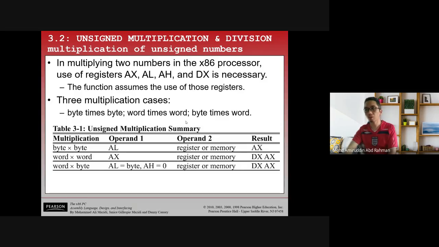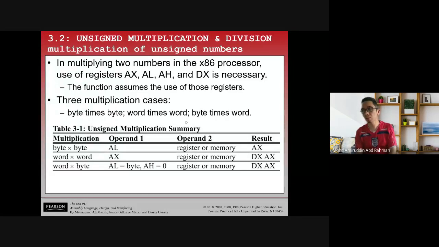When we have byte times byte, operand 1 is AL, the lower byte of register A, and operand 2 can be either register or memory. As I just mentioned, it can be a combination of register and memory, but it cannot be from memory to memory, so we need to use the registers.